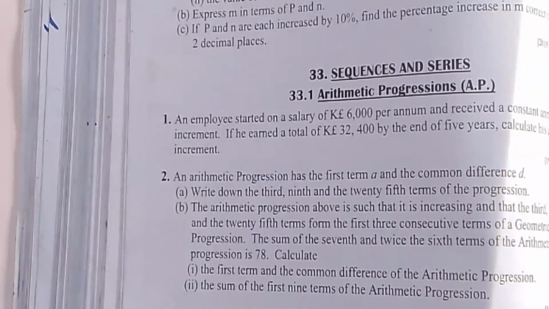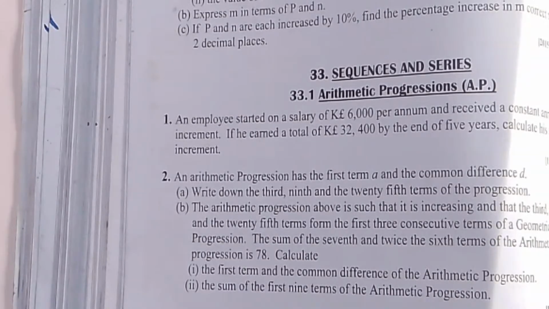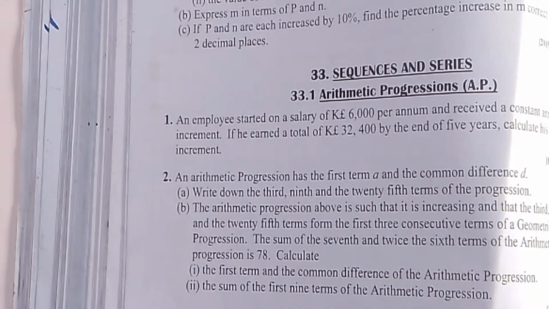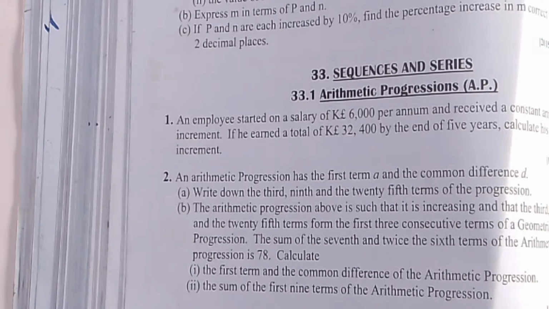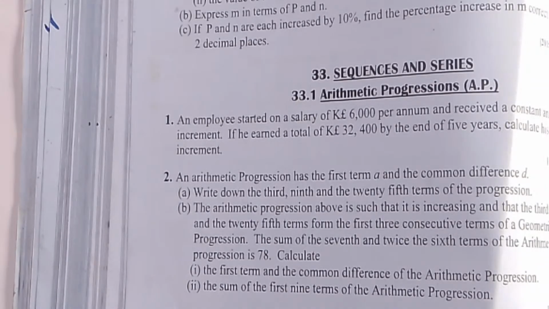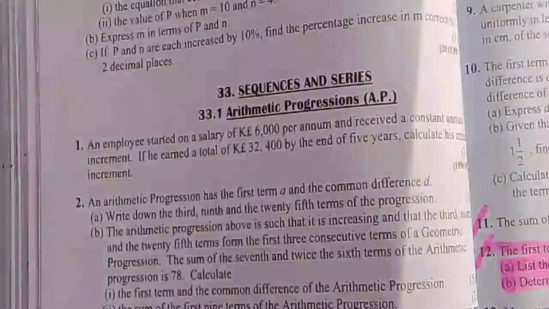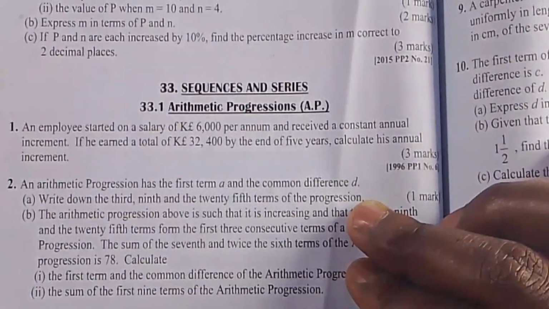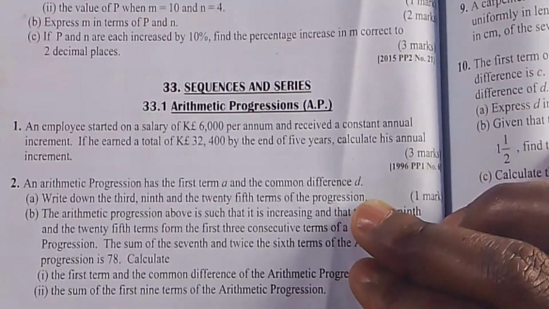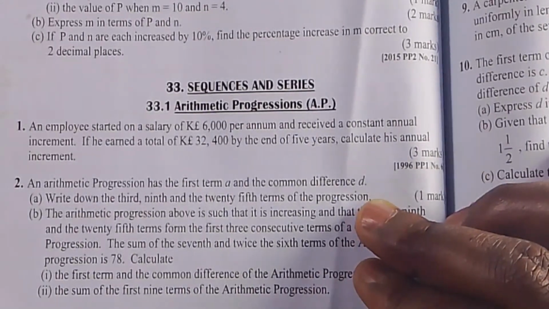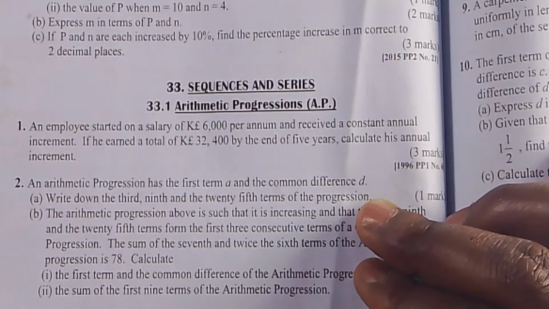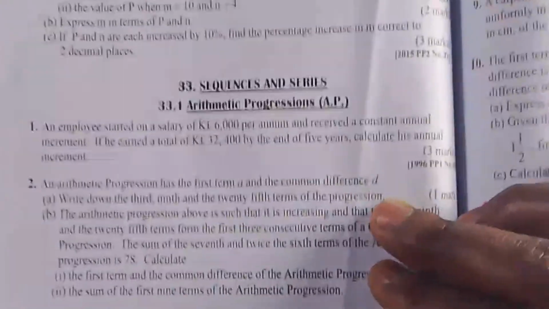An employee started on a salary of 6,000 Kenyan pounds per annum and received a constant annual increment.